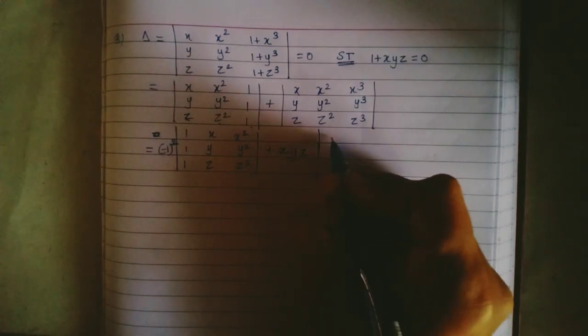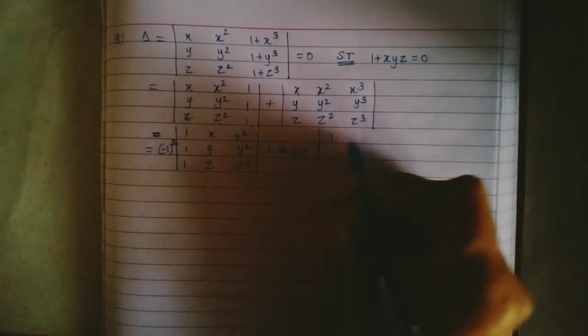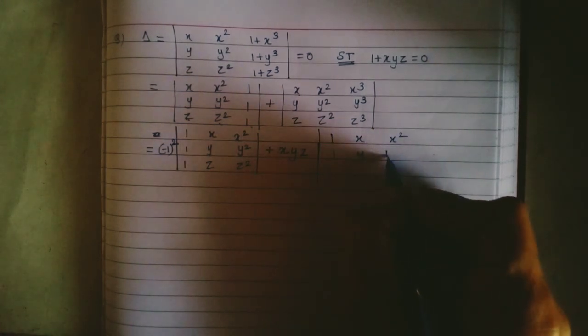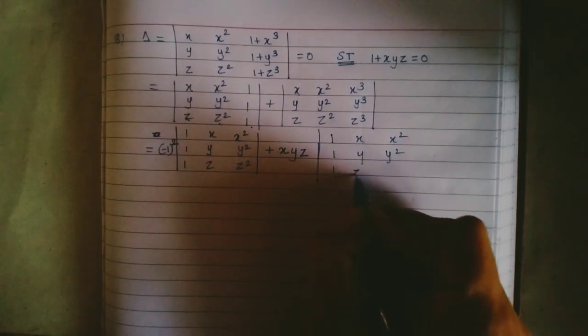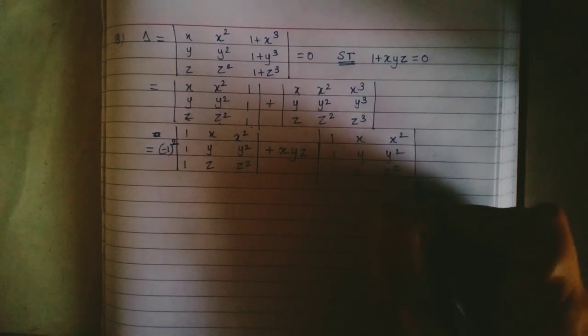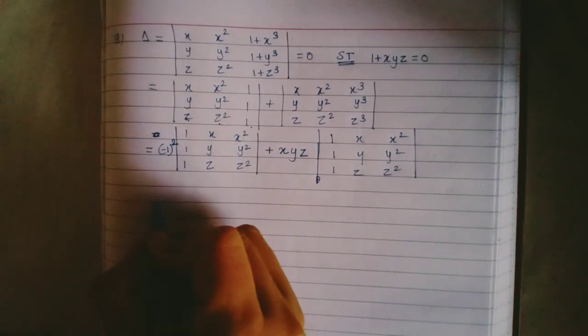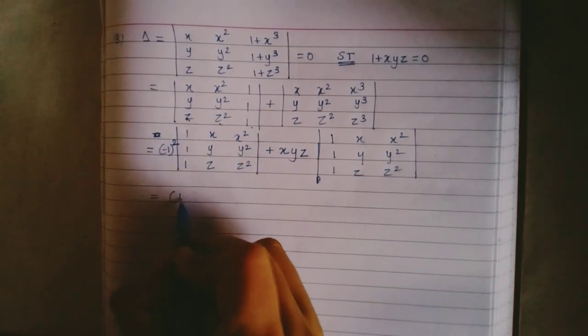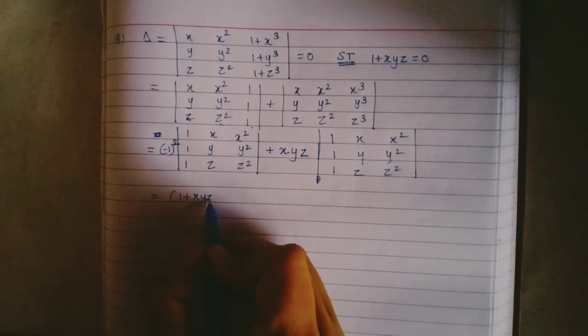So I'll get 1 x square, 1 y square, 1 z square. Okay, now I'll take this together, so this will be 1 plus xyz.